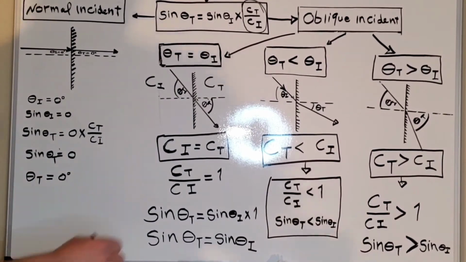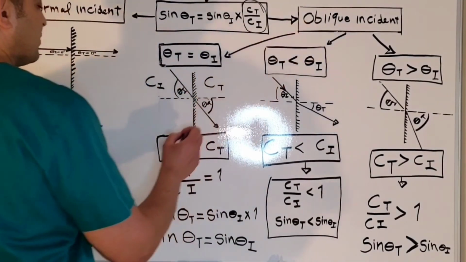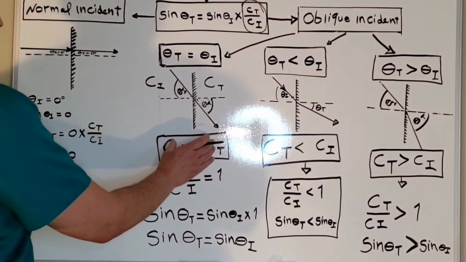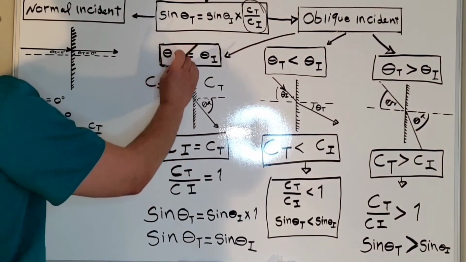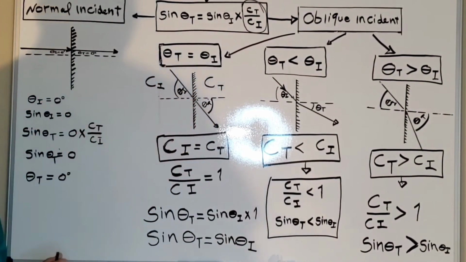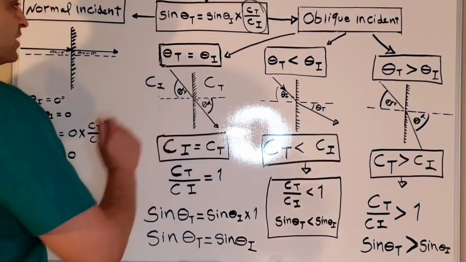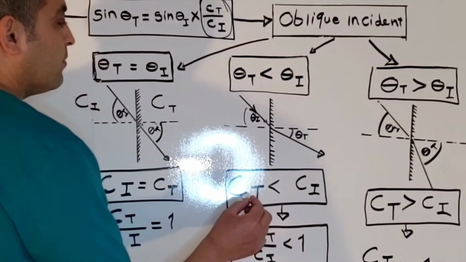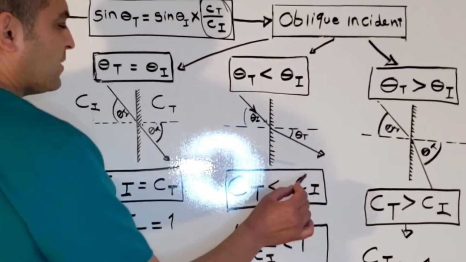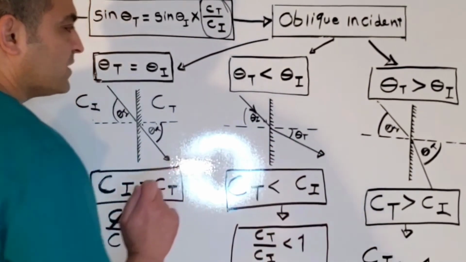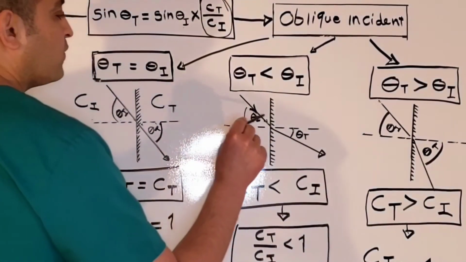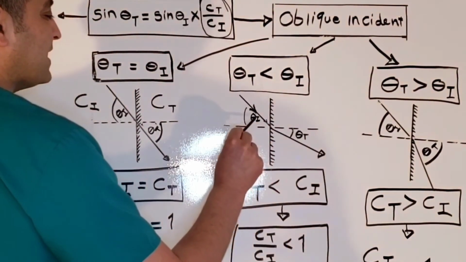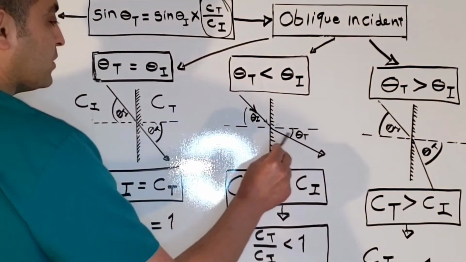So again, in oblique incident, if the propagation speeds of the two mediums are equal, the angle of incident will be equal to the angle of transmission, and no refraction will happen. And if the propagation speed in the medium of the transmission is less than the propagation speed in the medium of the incident, the angle of transmission will be less than the angle of incident and refraction will happen.